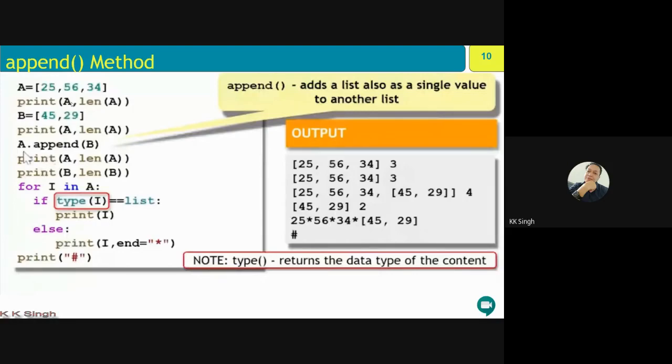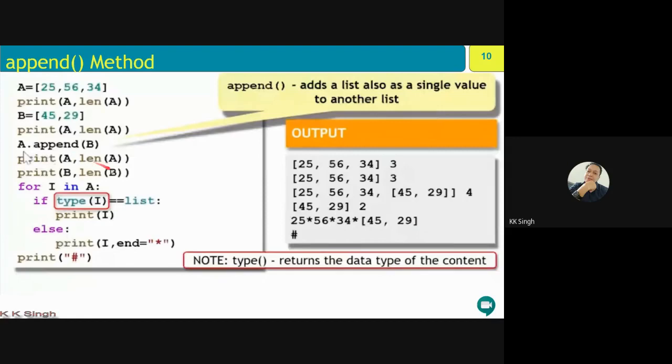When you print, B is not printed here, rather A is printed again. Now see, A dot append B. So what is B? B is 45 and 29, a list, and it is appended to A.